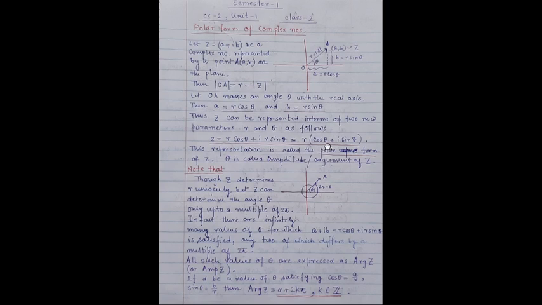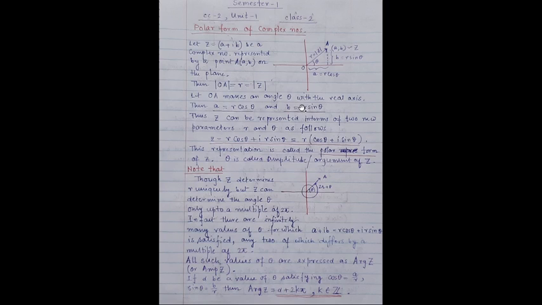This angle theta is called the argument or amplitude, and r is, as you know, called the modulus. Theta is called the amplitude. So sometimes this polar form is also called the modulus amplitude form of a complex number.